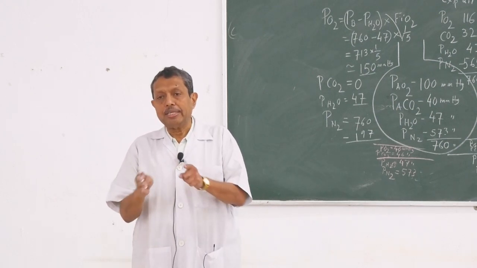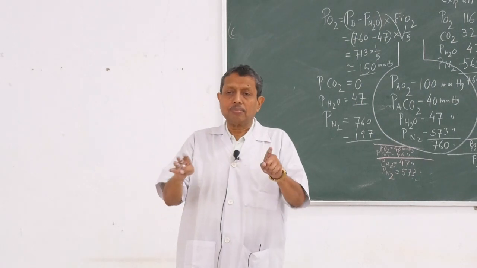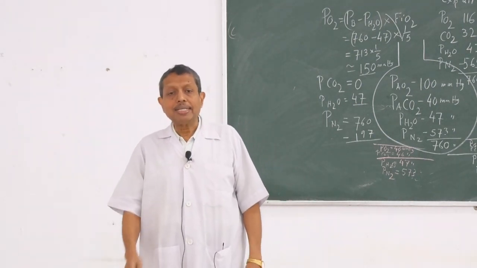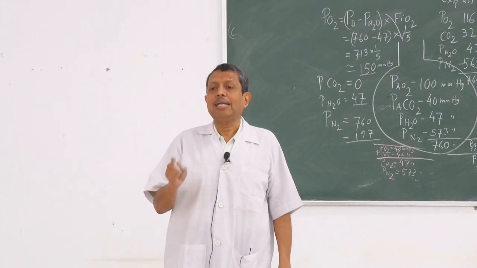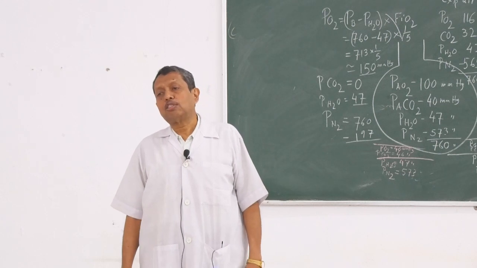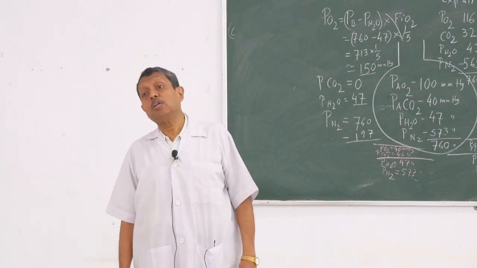So for diffusion, now the alveolar capillary membrane, we do not know what is the exact area, what is the exact thickness. And so diffusion capacity of carbon monoxide is commonly measured, as it is diffusion limited.